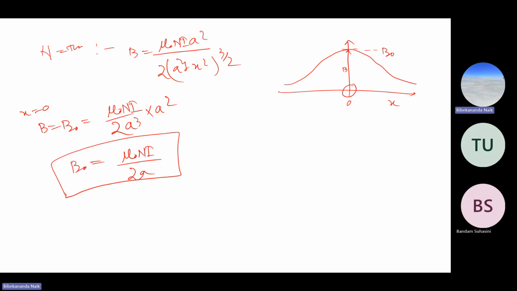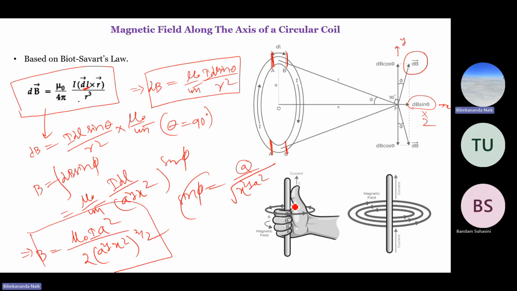Now, if you consider the direction, then the direction of the magnetic field can be given by the right hand thumb rule. If you curve your fingers, the direction of rotation of the fingers gives the direction of the magnetic field, and the current direction will be given by the right hand thumb. So this is basically related to the direction.